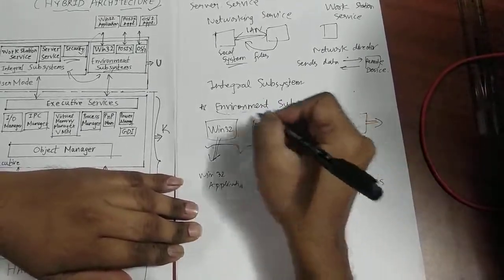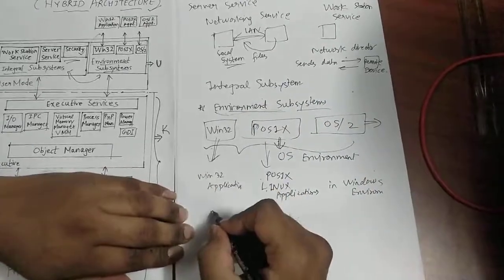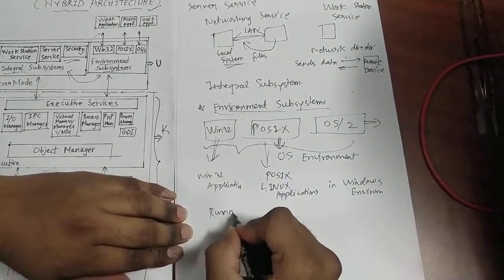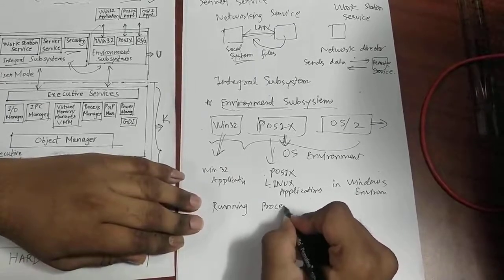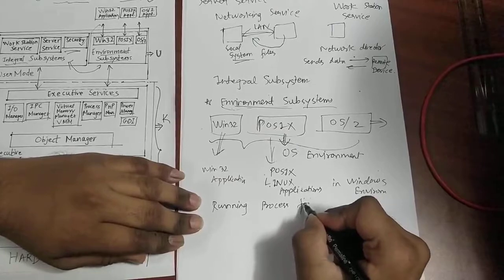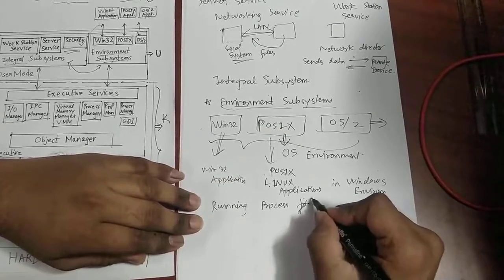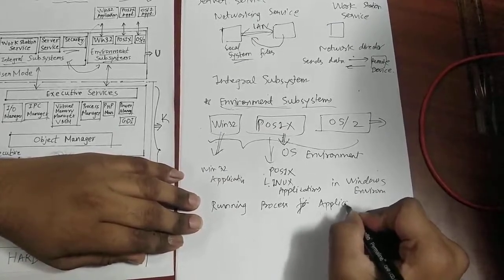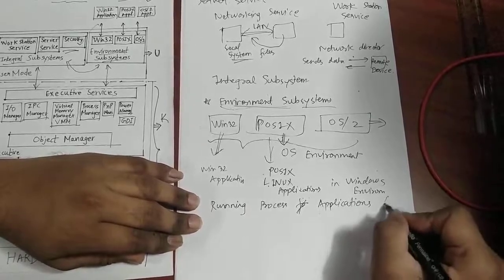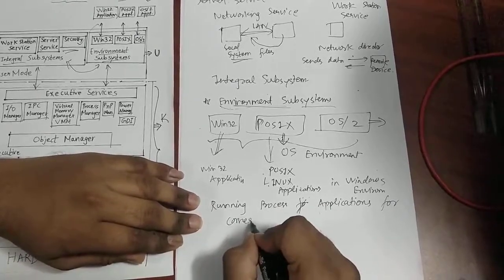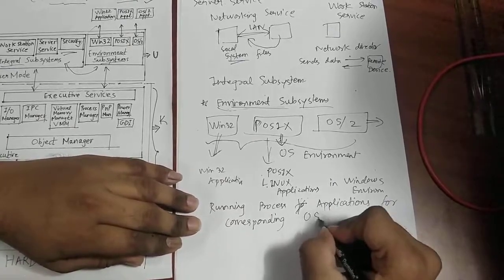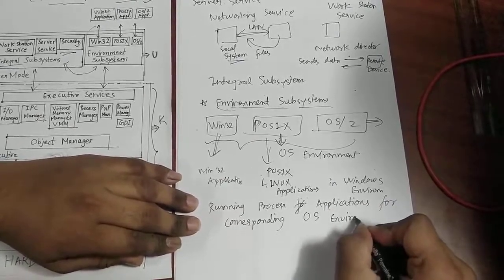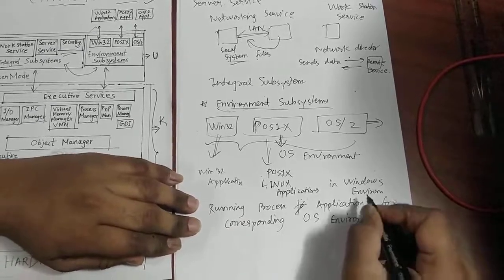So this environment subsystem basically deals with running processes or applications for the corresponding OS environment. Over here we have three: Win32, POSIX and OS2.